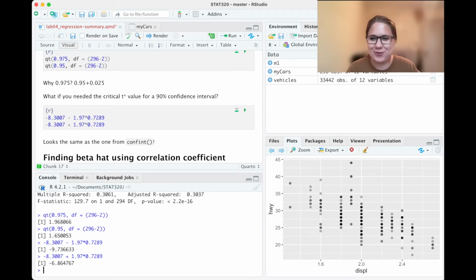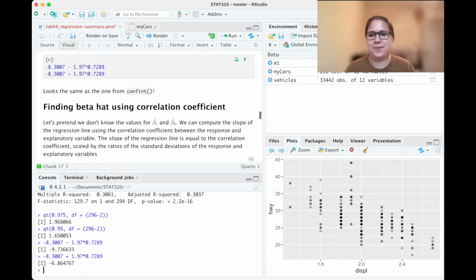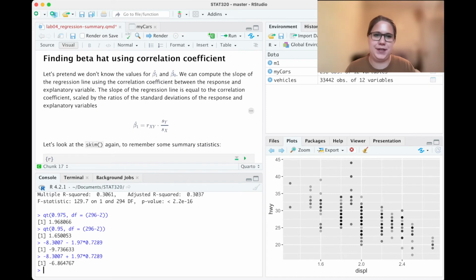That's another inferential task. All right. What's something else that I might make you do? Maybe I wouldn't be so nice as to give you the value for your beta 1 hat and beta 0 hat. So if that was the case, we have a formula to compute the slope of the regression line using the correlation between the response and the explanatory variable, and then the standard deviations of the response and the explanatory variable.